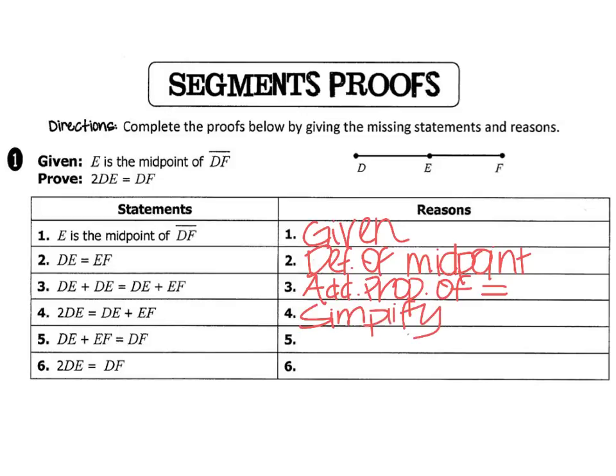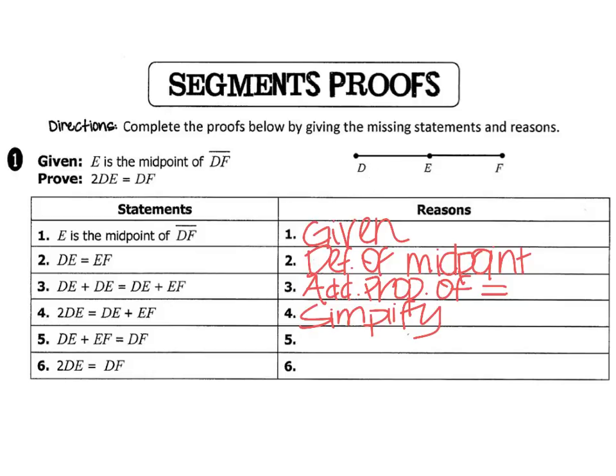Next, how do we go from statement 4 to statement 5? What did we do? We can't really relate statement 4 to 5, so that's not going to give us our reason 5. But what we can do is look at statement 5, and we know that DE plus EF equals DF. That relates to our diagram.